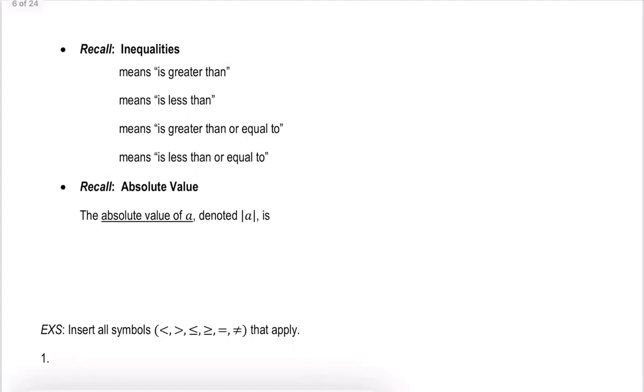So you probably remember your inequality symbols. The symbol that means "is greater than" is this symbol. The symbol that means "is less than" opens in the other direction. Now notice in my phrasing here, this is important for translate problems. There's an "is" with it.